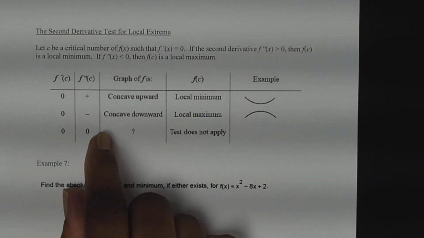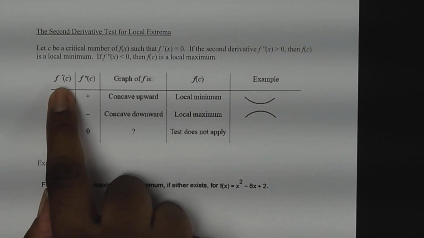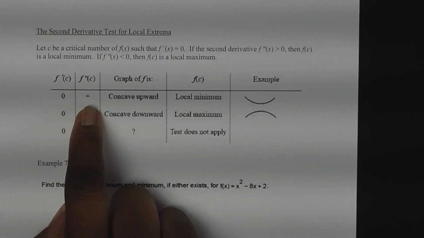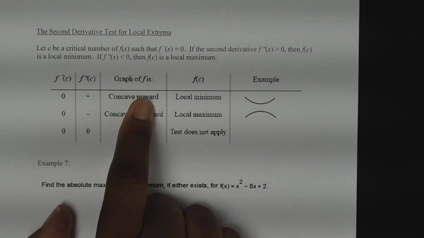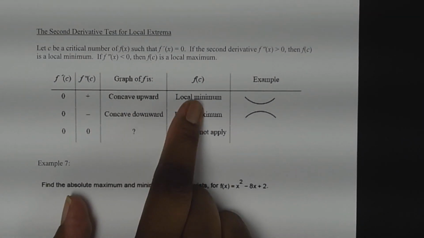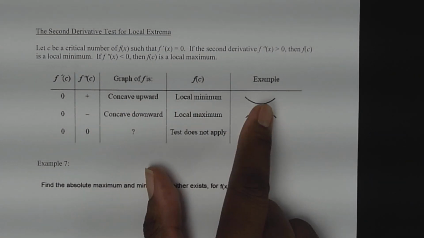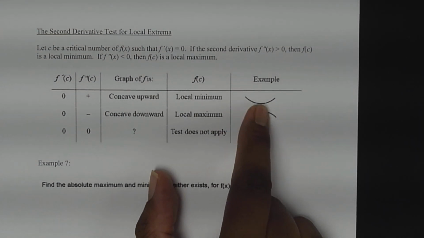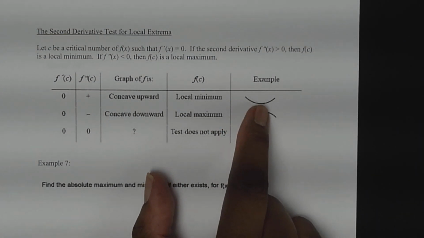And here's the table for that. f prime of c is 0, but f double prime of c is positive. That means the graph of that function will be concave upward, meaning you're going to have a local minimum. And that's just an illustration of that.